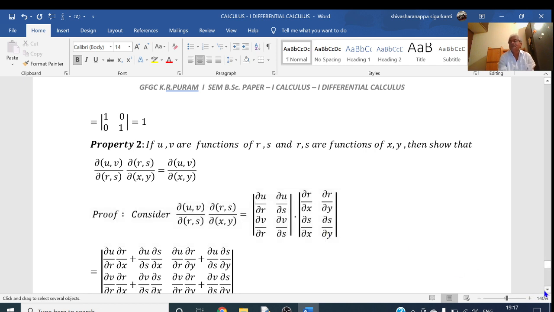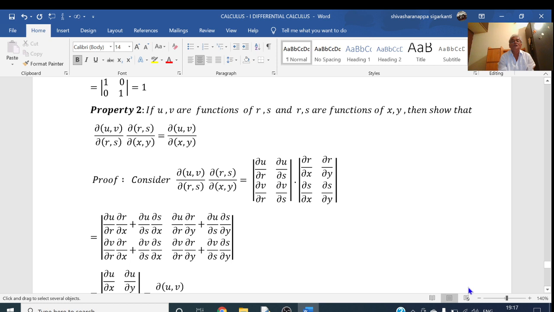Now taking the multiplication here, first row, first column: ∂u/∂r ∂r/∂x + ∂u/∂s ∂s/∂x. First row, second column: ∂u/∂r ∂r/∂y + ∂u/∂s ∂s/∂y.